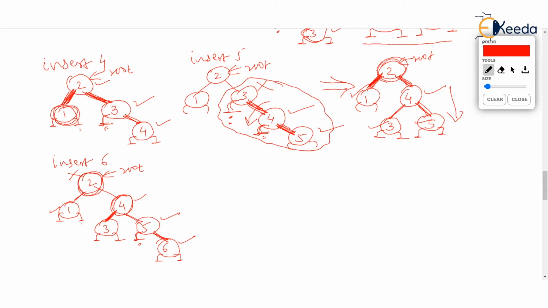What is the left height of 2? Just 1. 1 level to the left. But to the right, if you see, right of 2 has 3 levels. Just see, there are 3 levels to the right, isn't it? Yes? Are you understanding? 3 levels to the right. So 2 is not balanced.